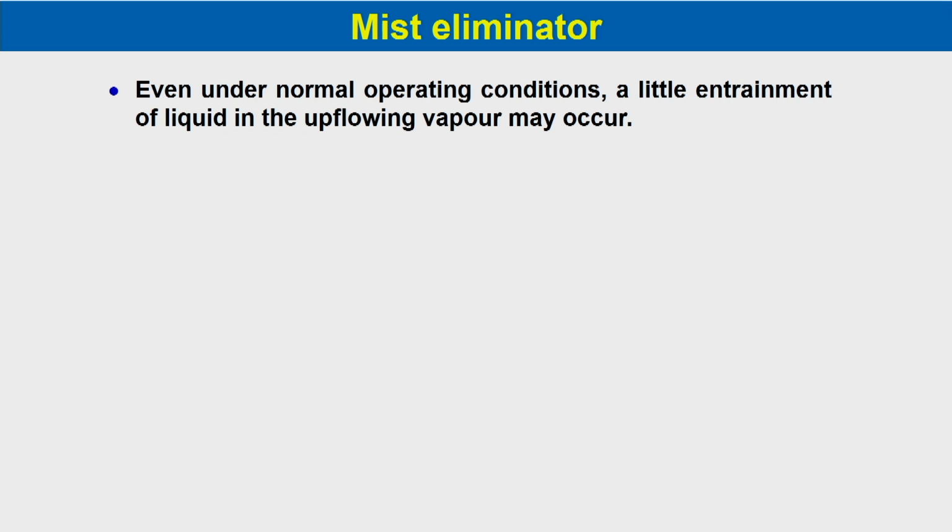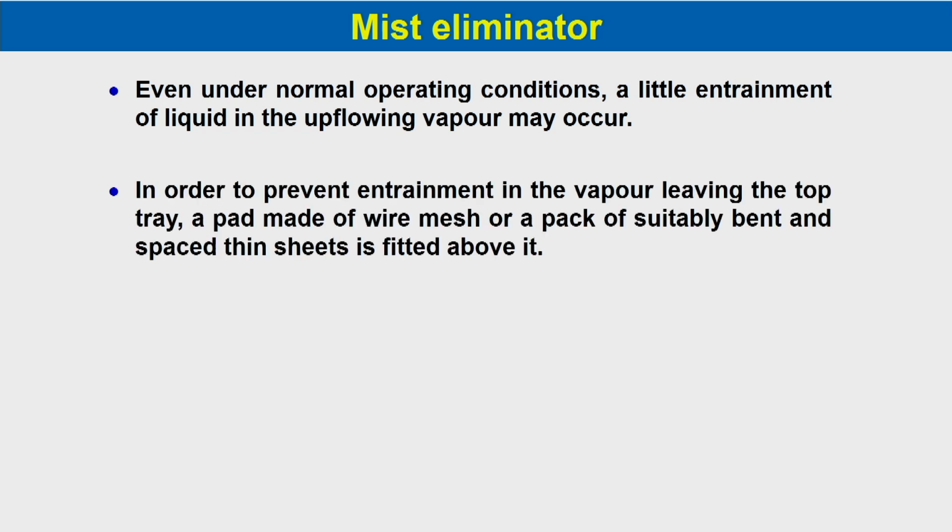So, we need to eliminate the vapor which is going through as entrainment. In order to prevent entrainment in the vapor leaving the top tray, a pad made of wire mesh or a pack of suitably bent and spaced thin sheets is fitted above it.